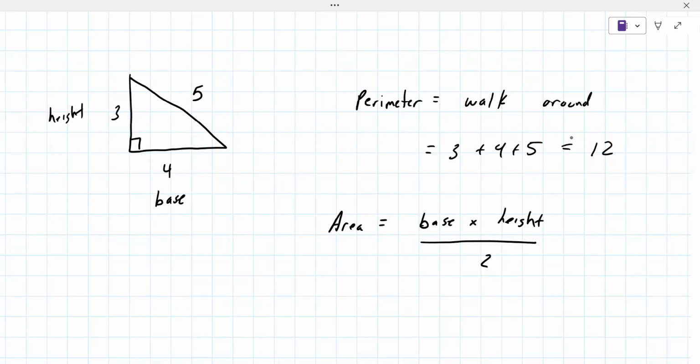When you're learning something new, we want to give you the most possible success we can. So in your problem here, the base is 4, the height is 3, and then you divide it by 2. So you first multiply and then divide.